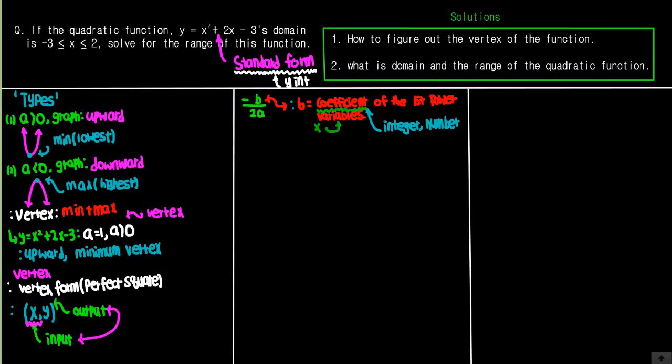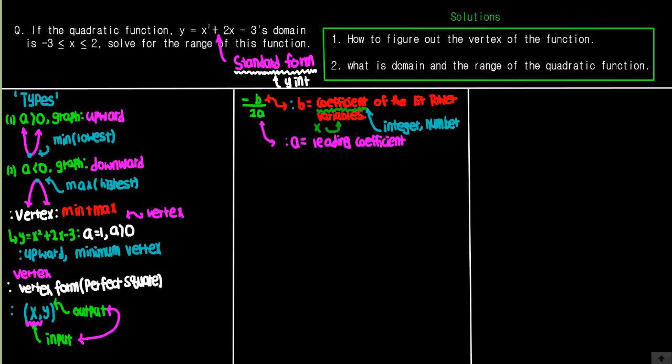And if you think about the a term, a is the leading coefficient. And also a is the same thing that we use to determine the type of our function, where it is used to define the type of the quadratic function.